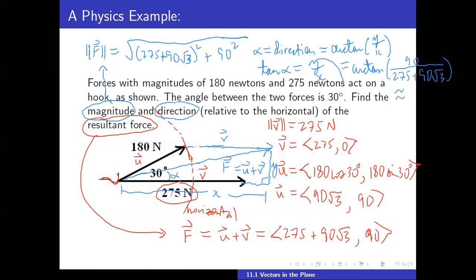But what do you get as the arctangent of 90 over 275 plus 90 root 3? If indeed we make sure our calculators are in degree mode as opposed to radian mode, since I'm talking in terms of degrees right now. 11.8 degrees.